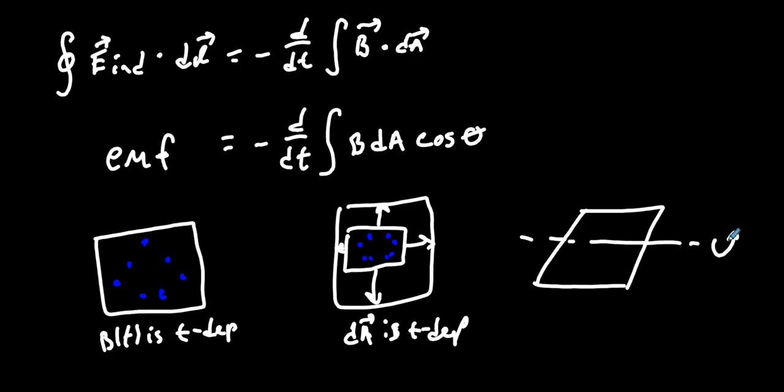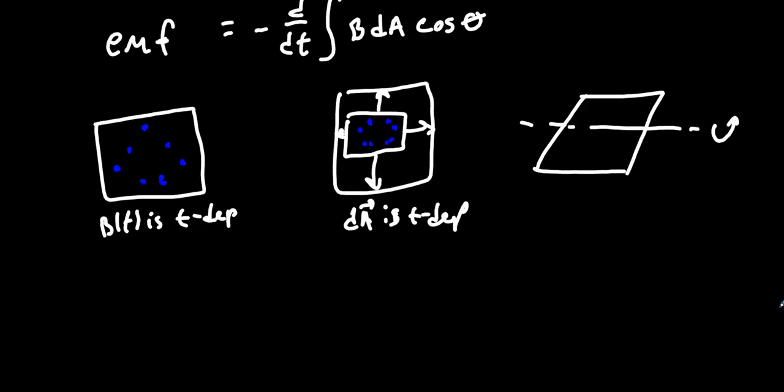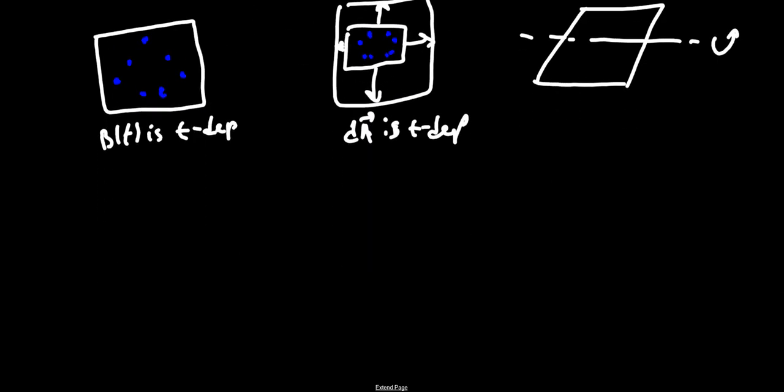Rotating it around will induce an electric field. And we'll explore in part 3 what is ideal for increasing the flux and what is not ideal, and how to make calculations based on the angle. But today we're just going to focus on when our magnetic field changes over time.